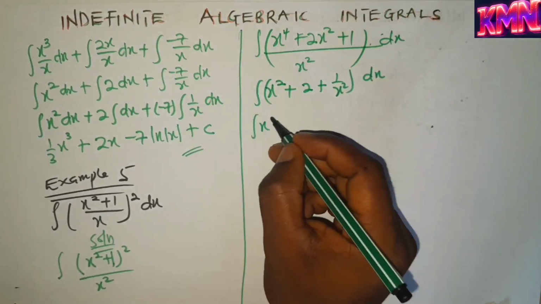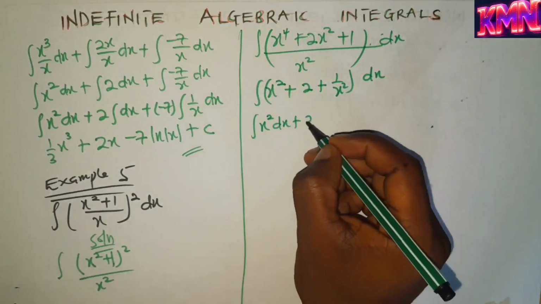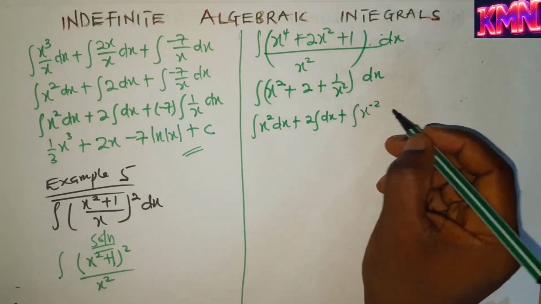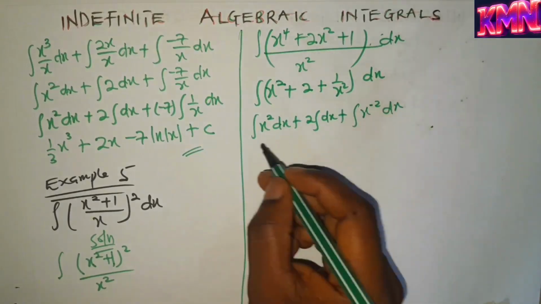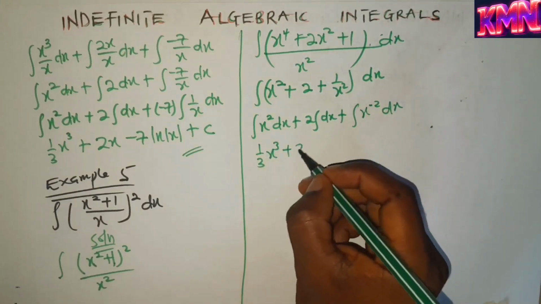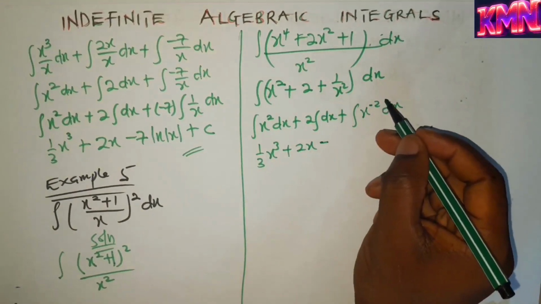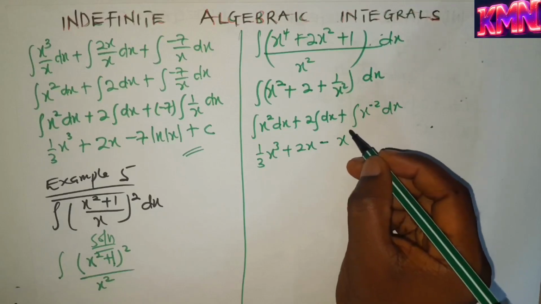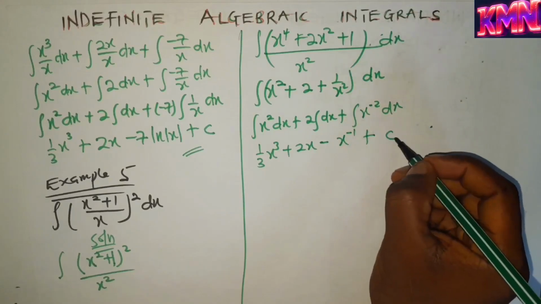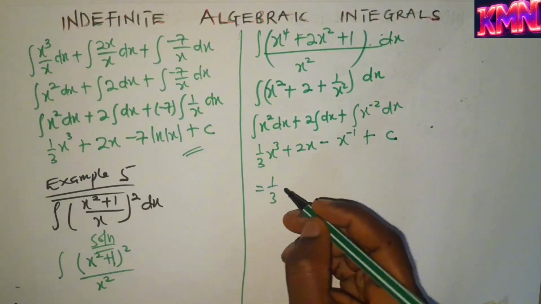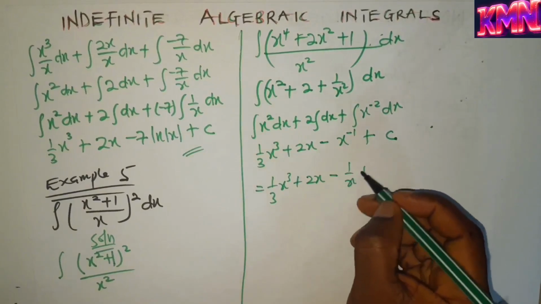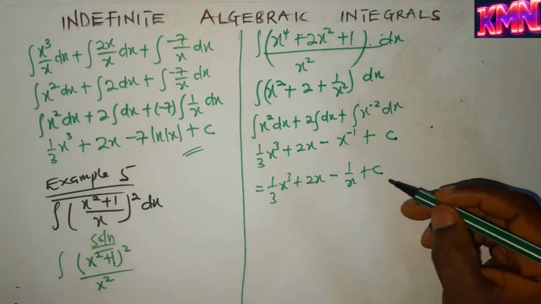That gives us the integral of x squared dx plus 2 times the integral of dx plus the integral of x to the power negative 2 dx. Now integrating, this gives us 1 on 3 x cubed plus 2x minus, when you add 1 to the power we get a negative, so x to the power negative 1 divided by that, plus c. We can rewrite this well: 1 on 3 x cubed plus 2x minus 1 on x plus c.